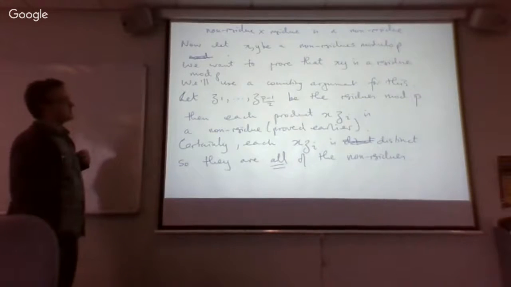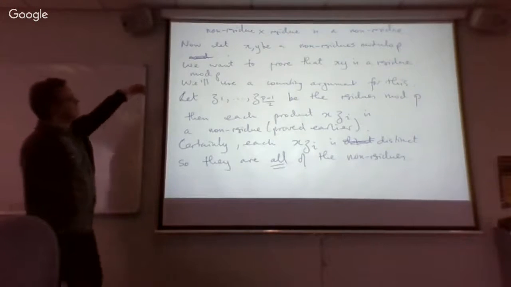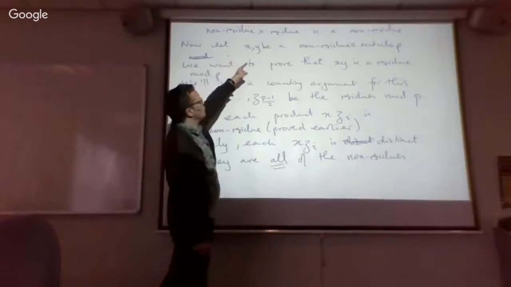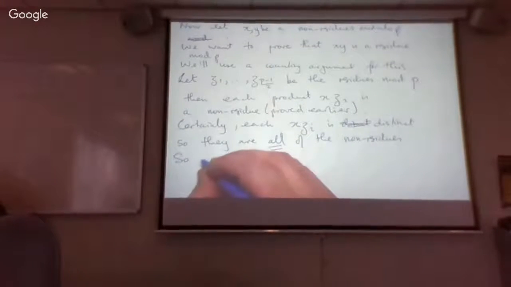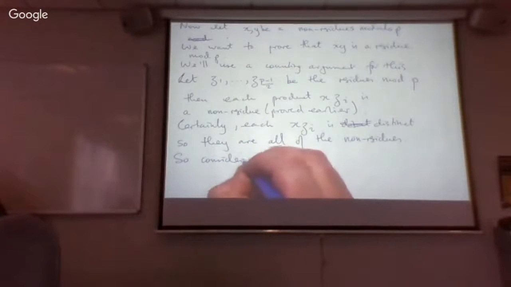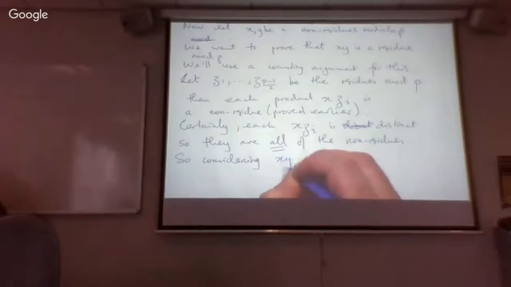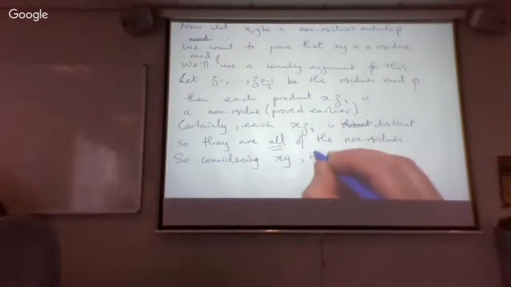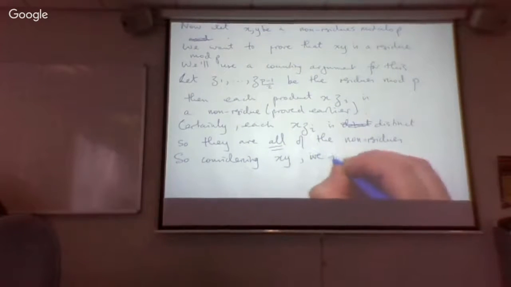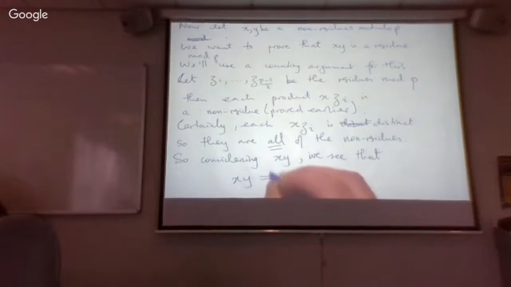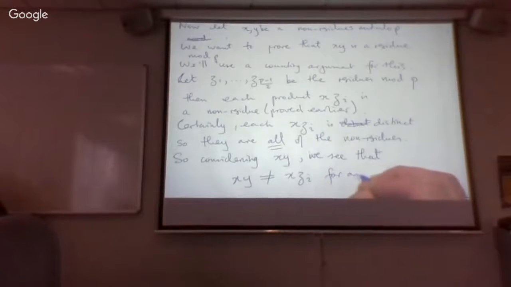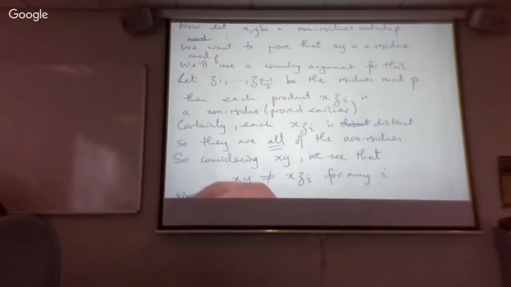All of the non-residues. So now we're dealing, remember, with two non-residues, x and y. So what are the options for x times y? Considering x times y, you see that xy is certainly not equal to x zi for any i, since y is a non-residue.